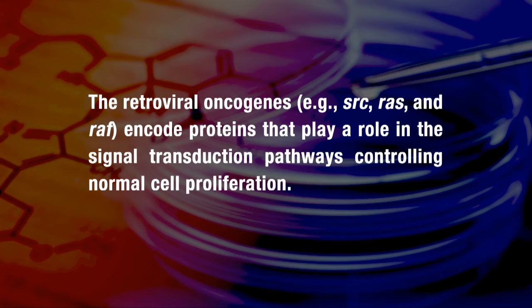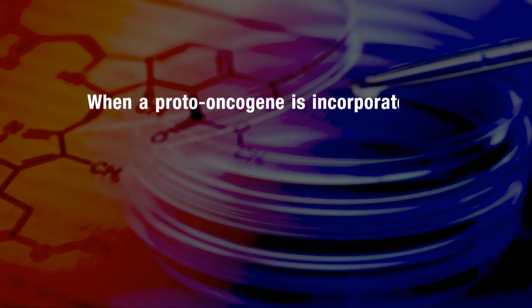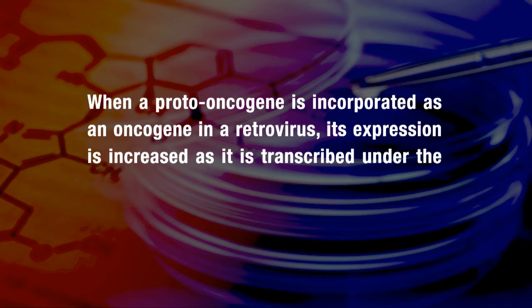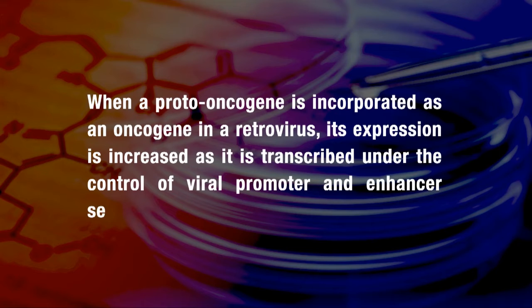controlling normal cell proliferation. When a proto-oncogene is incorporated as an oncogene in a retrovirus, its expression is increased as it is transcribed under the control of viral promoter and enhancer sequences.